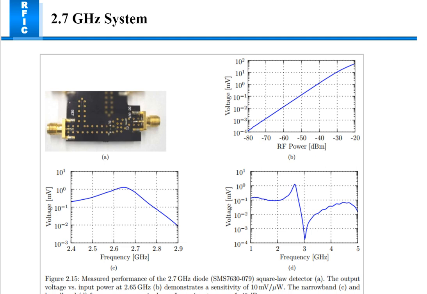2.7 gigahertz system. As you can see in this system, this is another system that is 2.7 into 1.4 gigahertz.